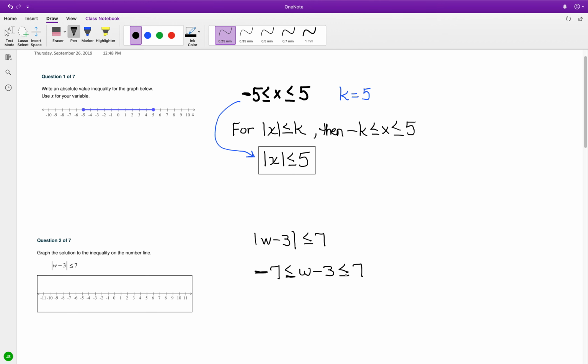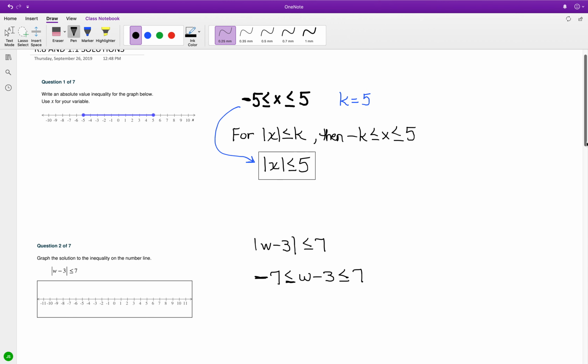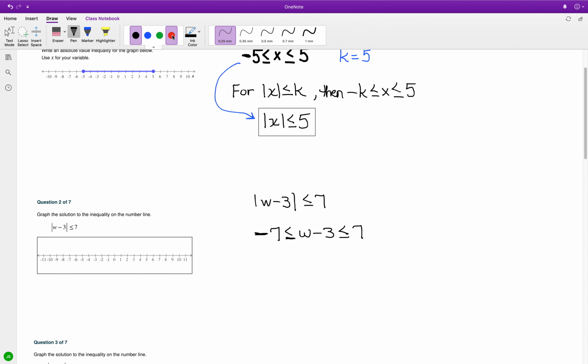So we have the inequality set up, and looking at solving for w, if I add 3 to all portions of the compound inequality, we're going to have that -4 is less than or equal to w, which in turn is less than or equal to 10. And in interval terms, we have between -4 and +10 inclusively.